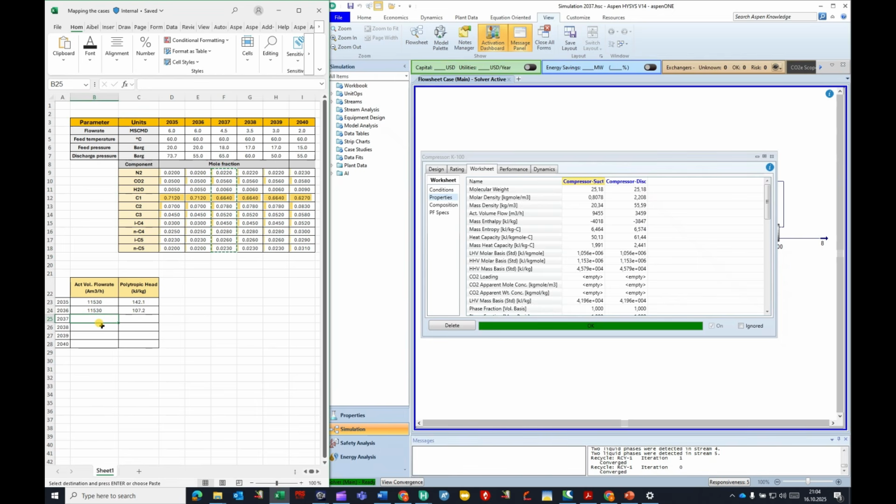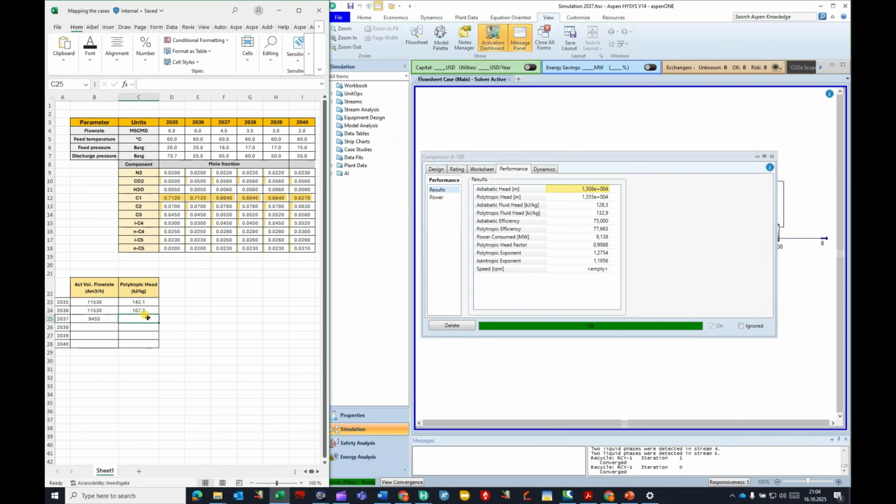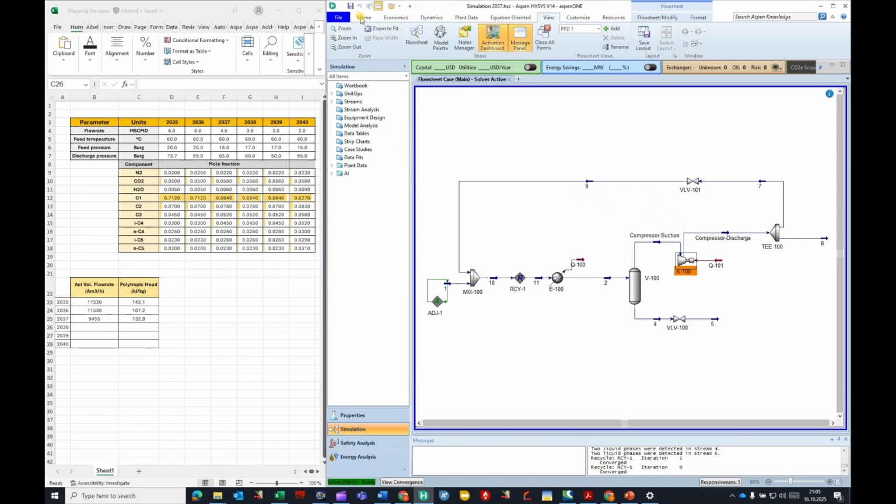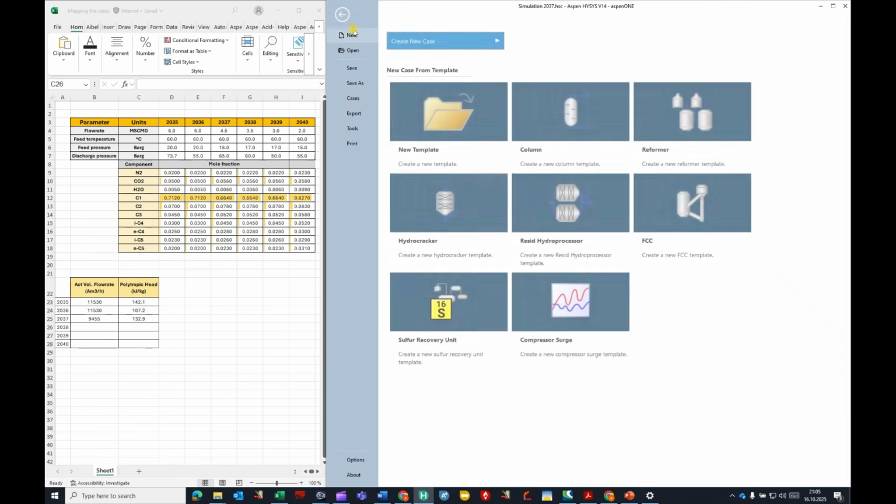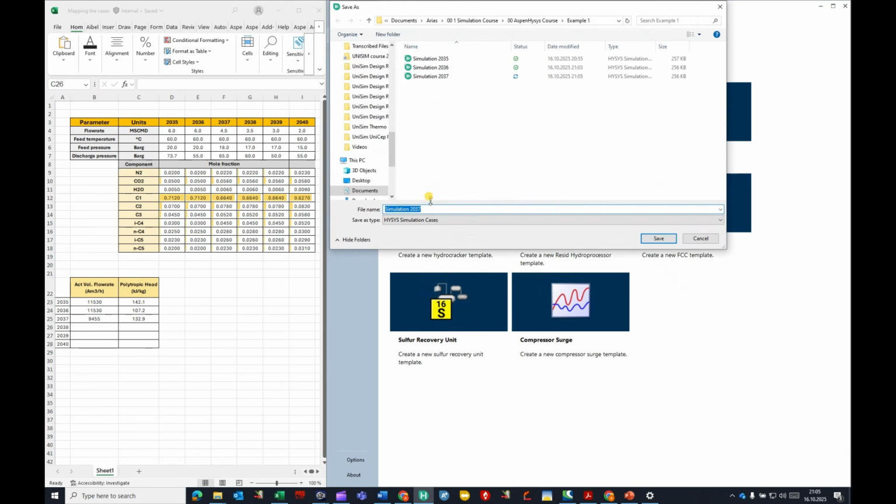Now I can write down the parameters I need. I repeat the same for all other cases.